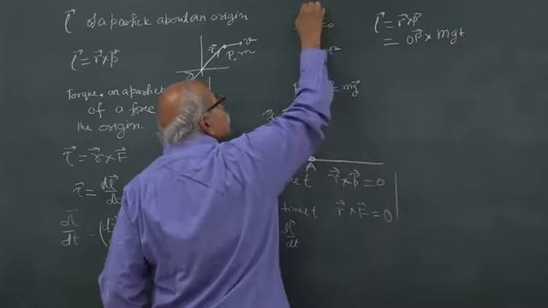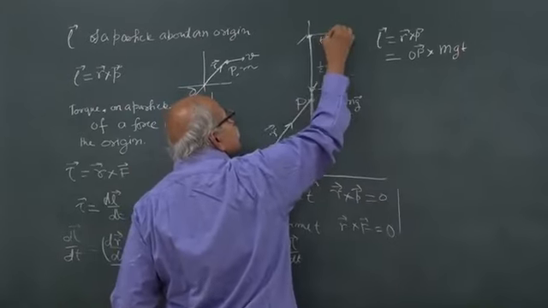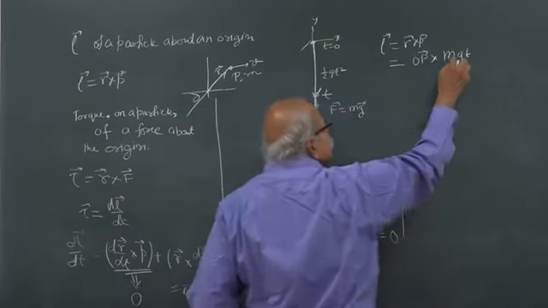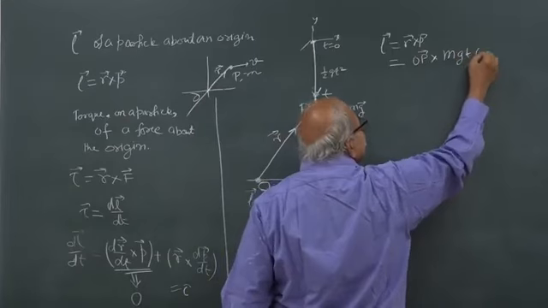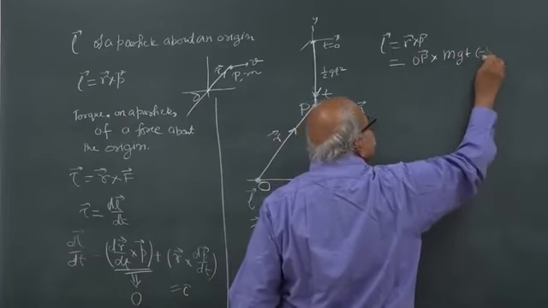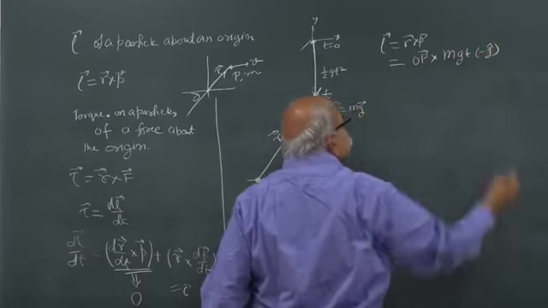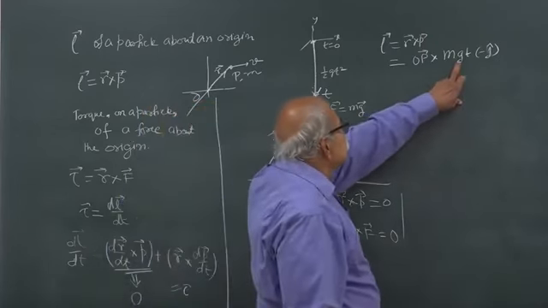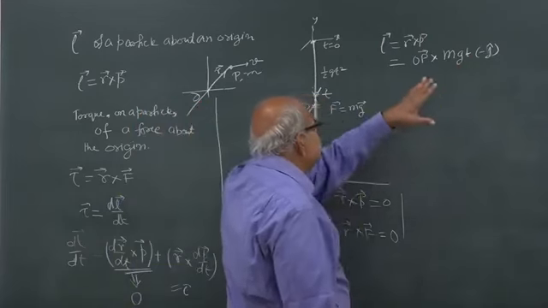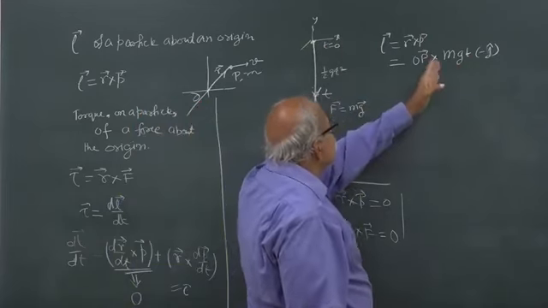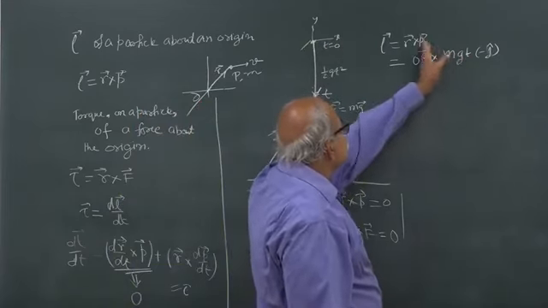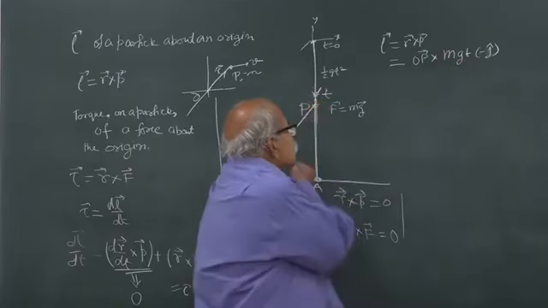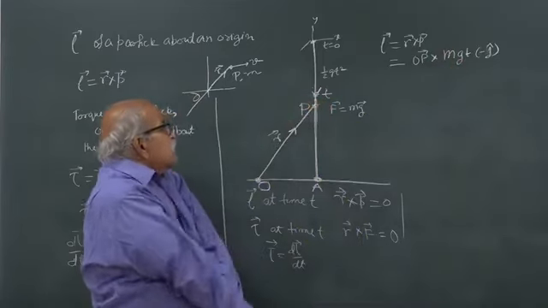If I call this x axis, this y axis, then the velocity is gt in the minus j cap direction. Velocity is v equal to u plus gt, u is 0 and therefore, it is mgt, mass times velocity, and the direction of the velocity is in the minus j cap direction.